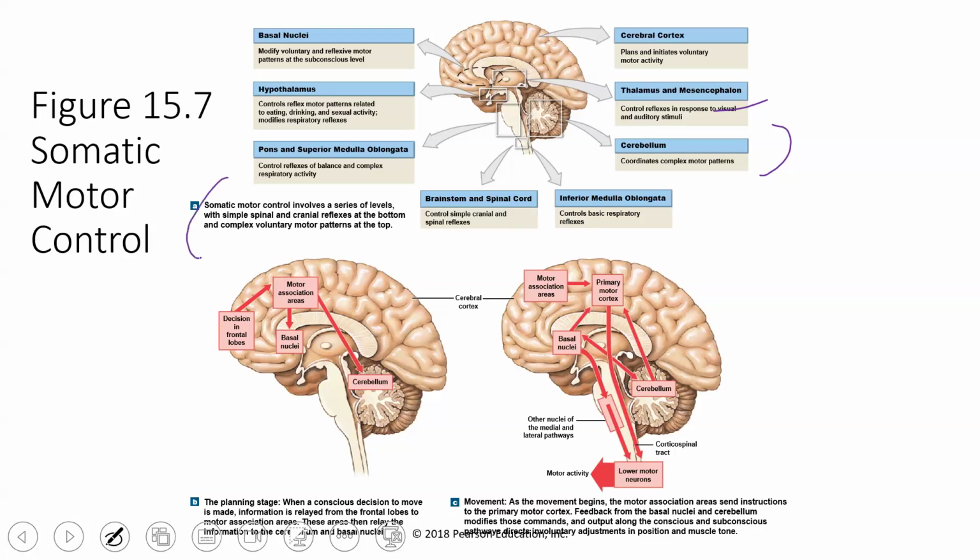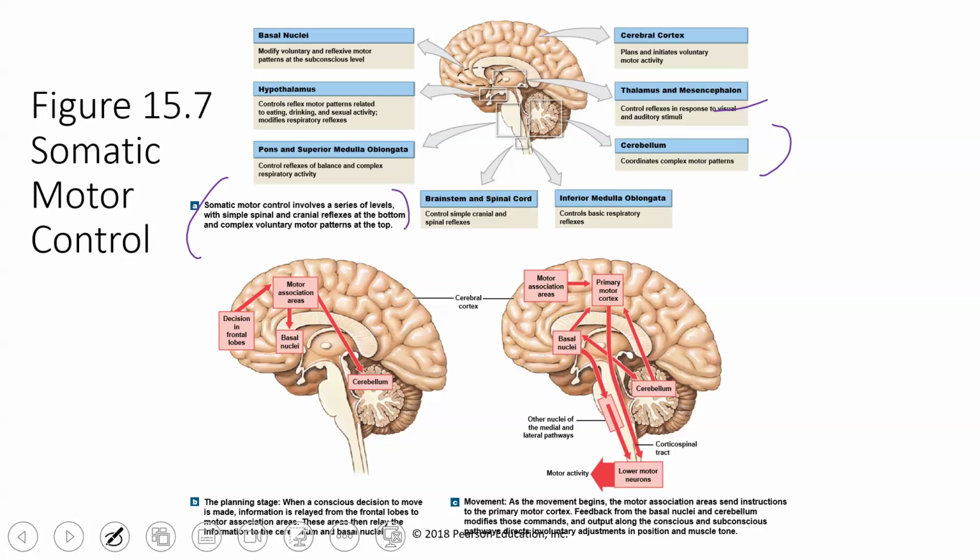So our somatomotor control, okay, is what we're looking at here. So somatomotor control involves a series of levels with simple spinal and cranial reflexes at the bottom and complex voluntary motor patterns at the top. B, the planning stage, when a conscious decision to move is made. So we've decided to move, right? Information is relayed from the frontal lobes to motor association areas.